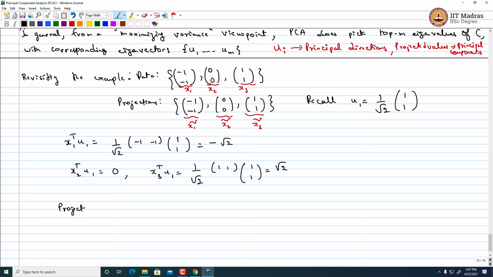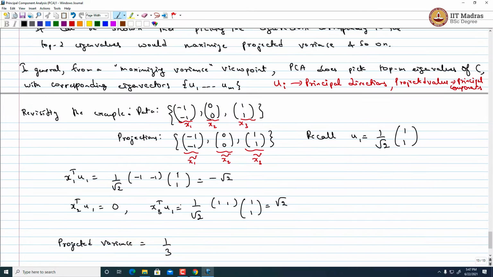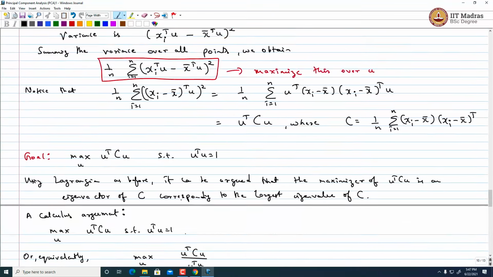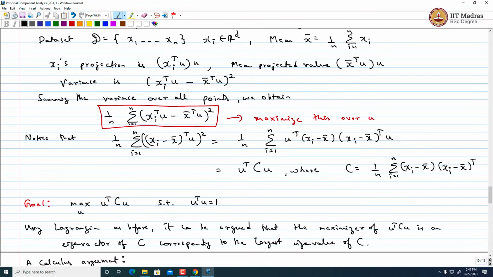So projected variance is the average, 1 by 3 times the summation of the squares of each of these. If you go to the equation I had written before, the projected variance is 1 by n summation of (xi transpose u minus x bar transpose u) squared. But x bar is just 0.